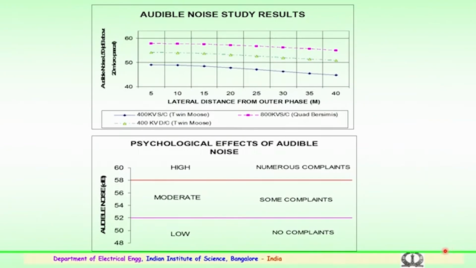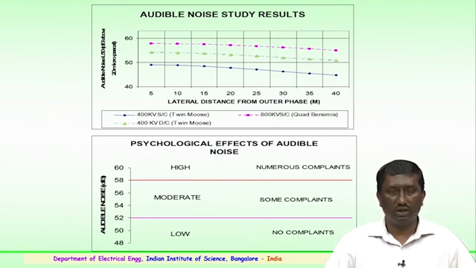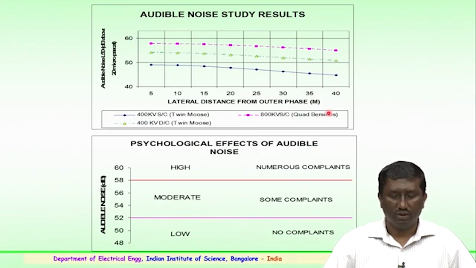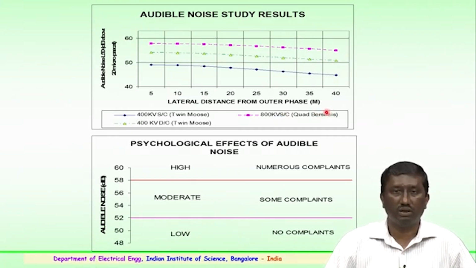Similarly for audible noise, a lot of studies have been carried out for 400 kV EHV and ultra high voltage lines, and you can see the audible noise in decibels versus the lateral distance from the outer face, the conductor face towards the ground side.